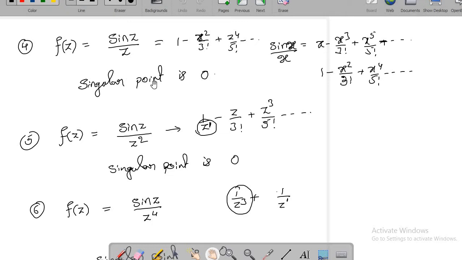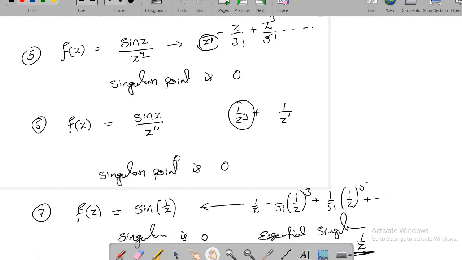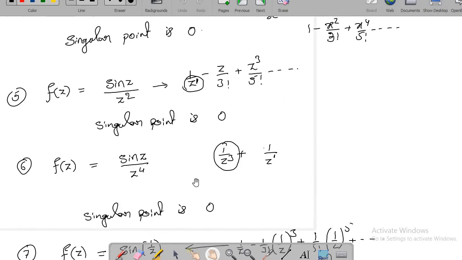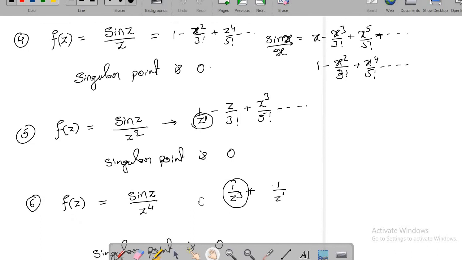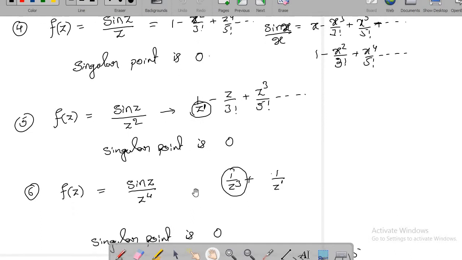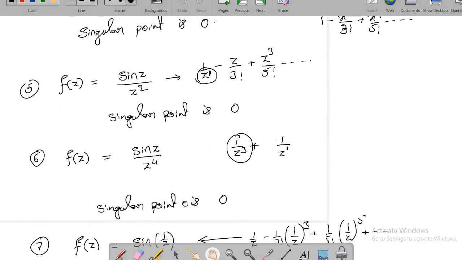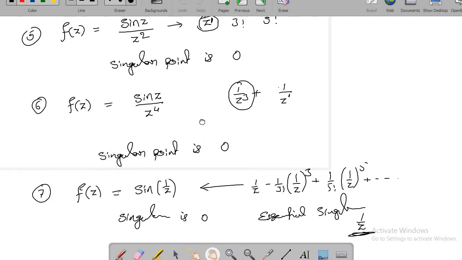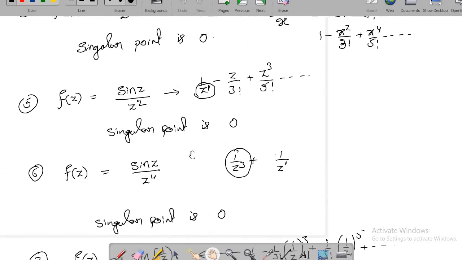And sine of 1 by z also has singularity at z equal to 0, but of a different nature. We are going to classify the singularities into removable singularity, pole of order m, and essential singularity, based on the Laurent series expansions.